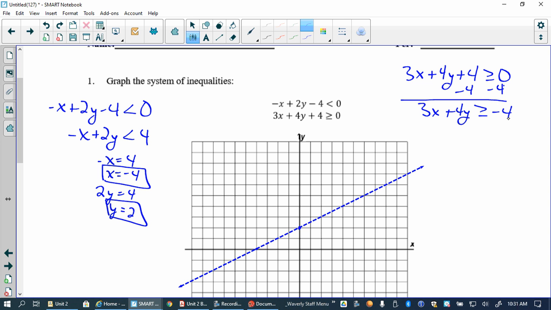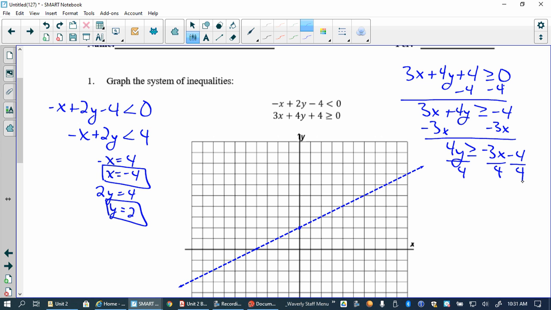And finally what? Divide everything by 4. Do we have to switch the sign or anything here? No. So y is greater than or equal to -3/4 x minus 1, right?